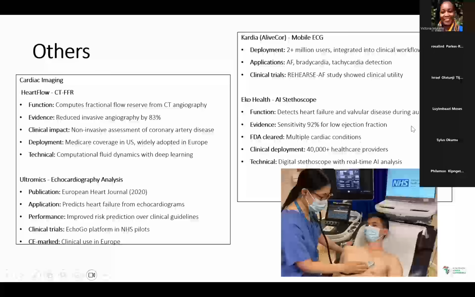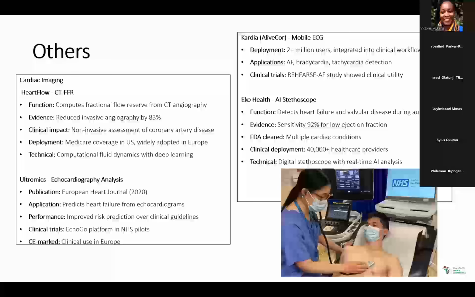But also in cardiology, things like cardiac imaging from CTs, ultrasound, which is a bit like what you guys are learning about, but echocardiography is heart ultrasound, basically. ECGs are looking at the electrical activity in the heart, and then stethoscopes actually listen to the heart sounds.